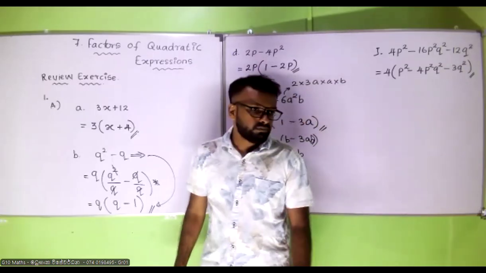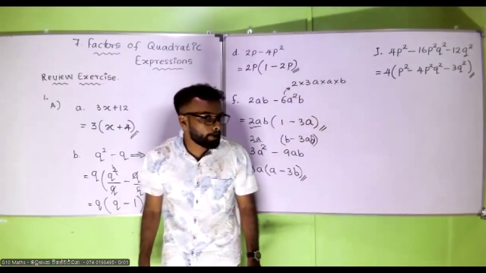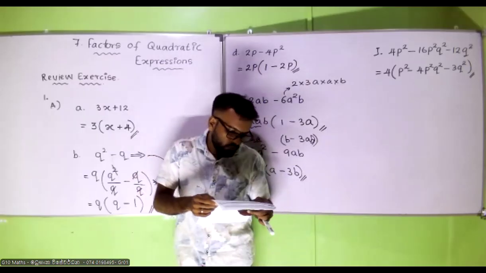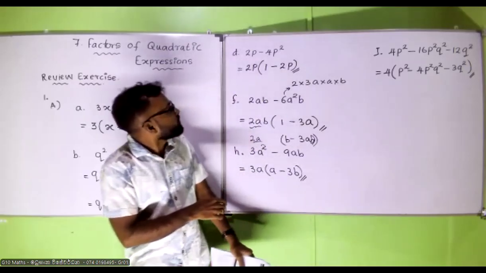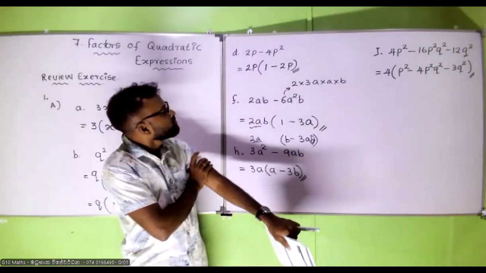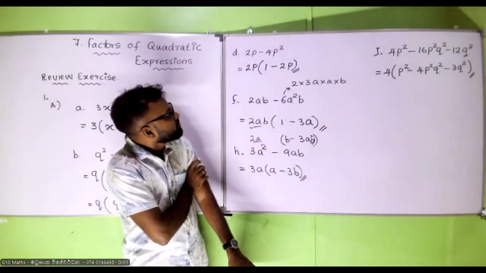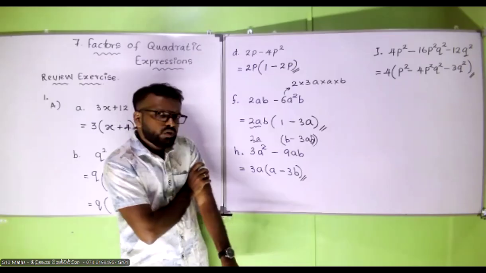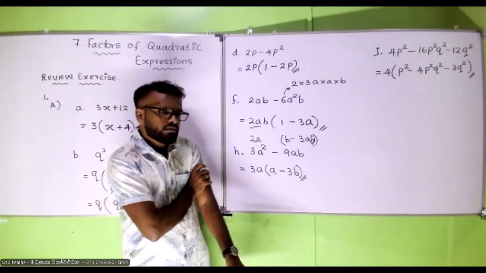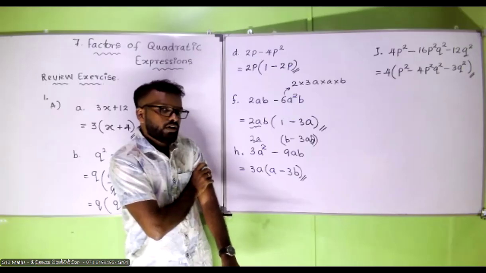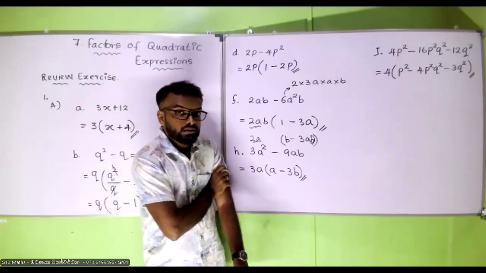So, for example, in question D, if I took 2 out and put p minus 2p squared in the brackets, right? 2p squared. Why do you have 2p squared inside the brackets?